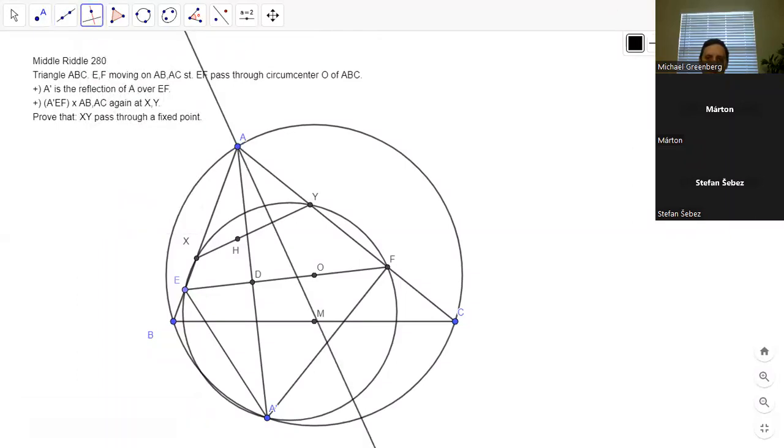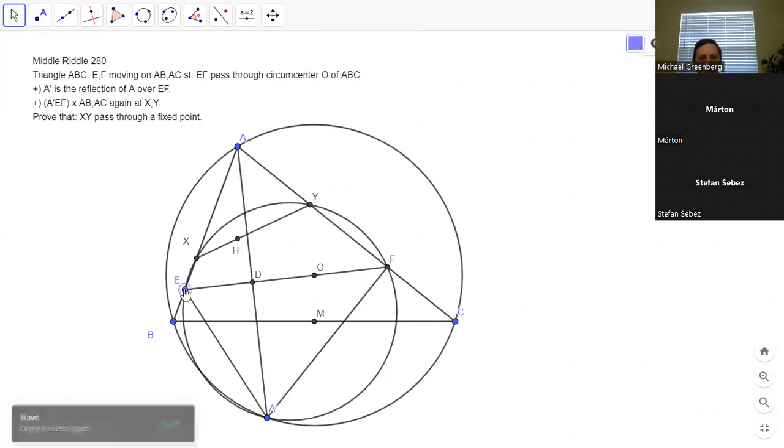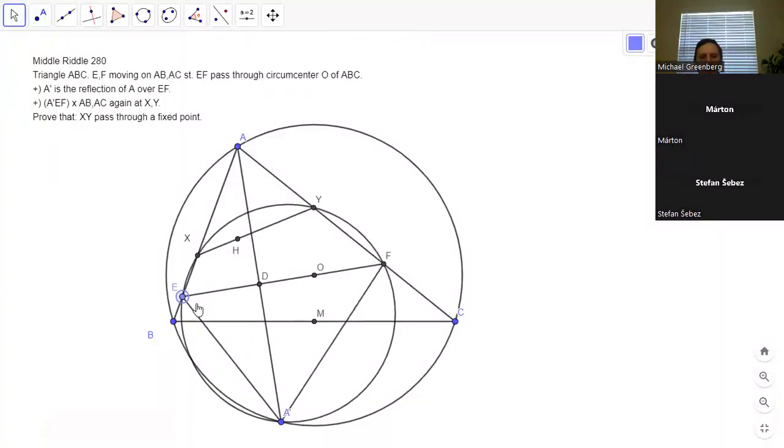No, it's close, but. Okay, so let's think about this a little more. So as we change E, basically we're saying that as we move E around, EF over XY stays the same.